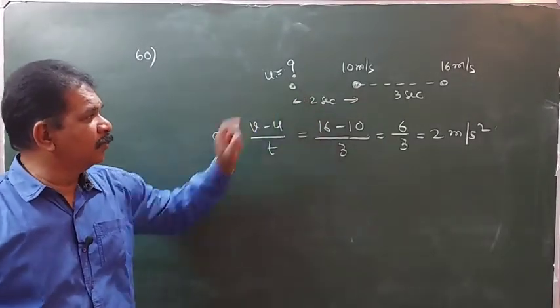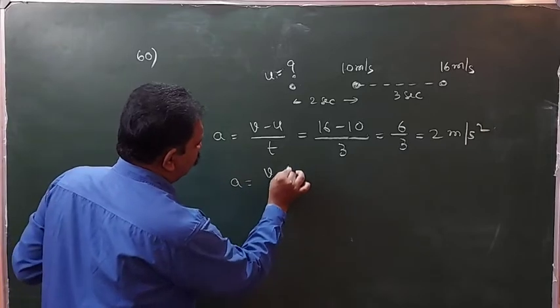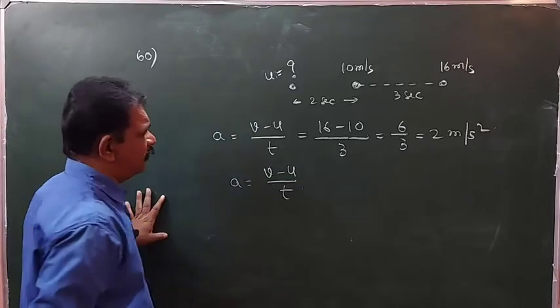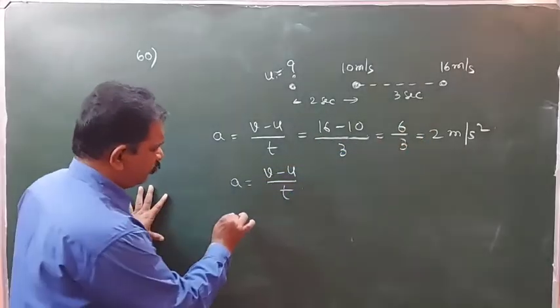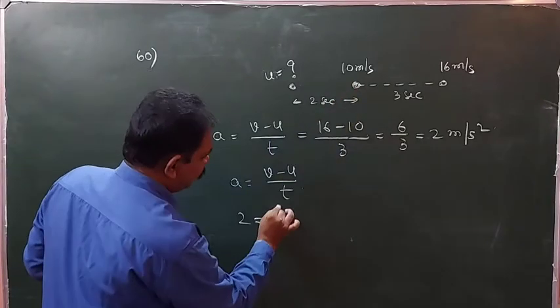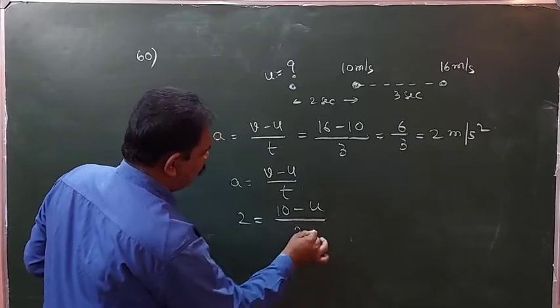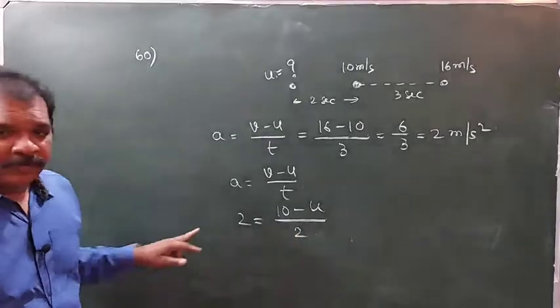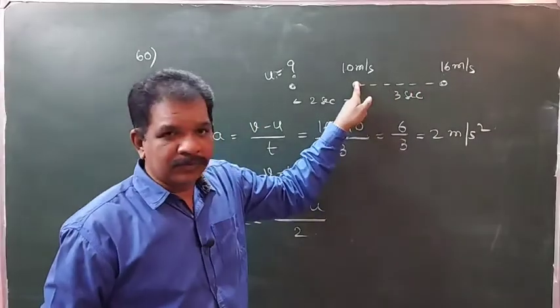Now in between these two I am applying. This we don't know. a is equal to (v minus u) by t. Again, the a value we just calculated is 2. Here this is initial, this is final: 10 is final, initial is u, time will be 2. Understood?